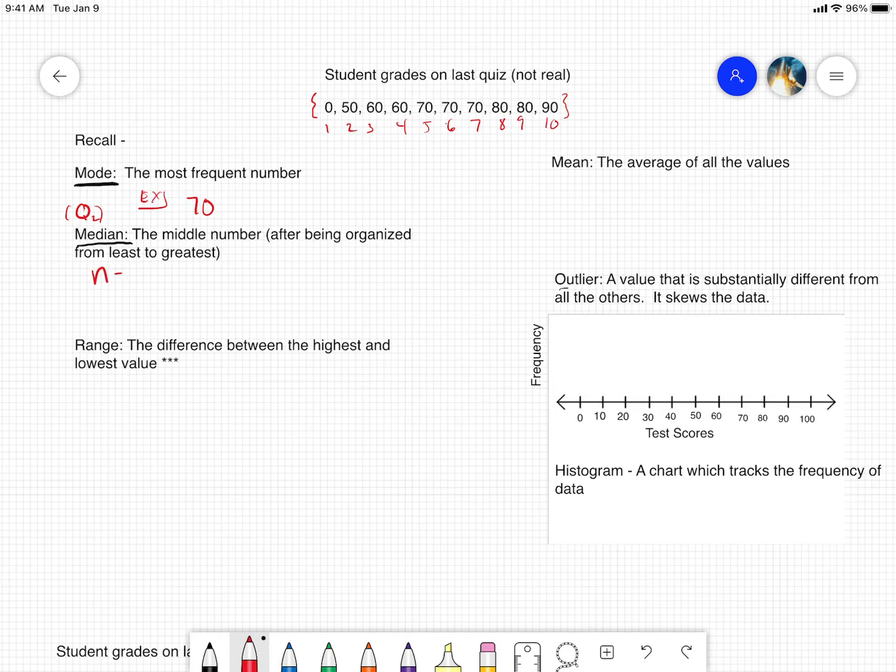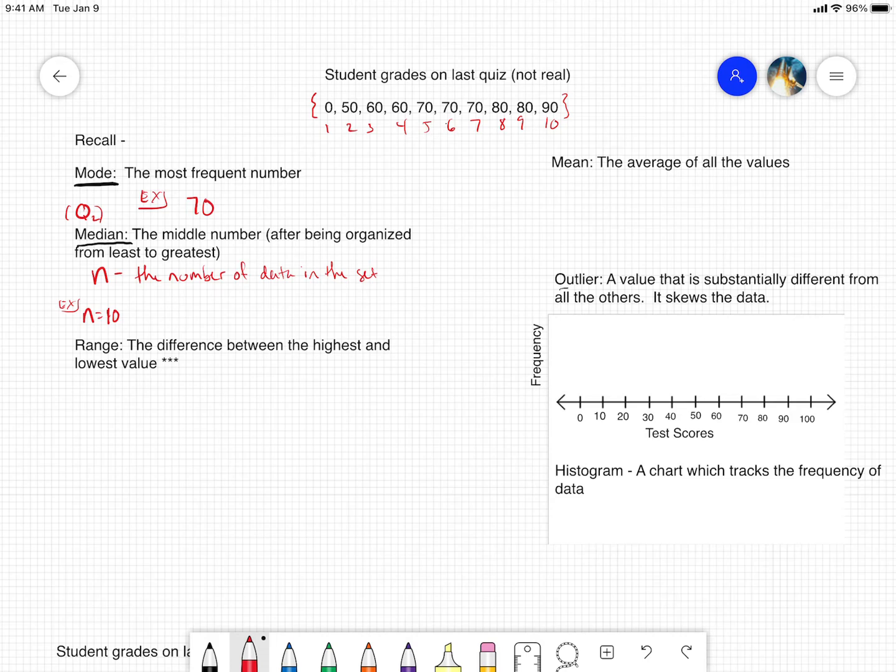Our n, whenever we're talking about our data, is the number of data in the set. In this case, since we have 10 data points, n is equal to 10.